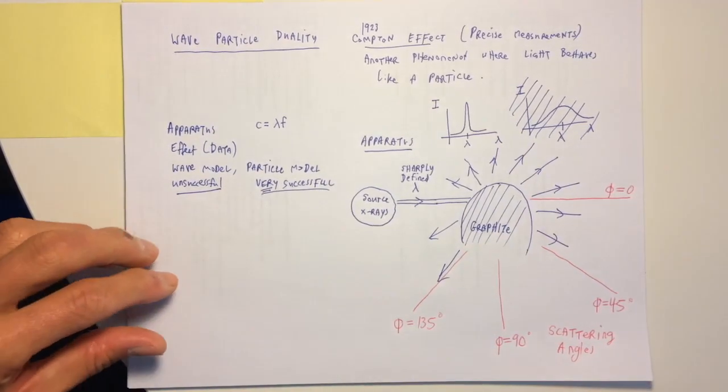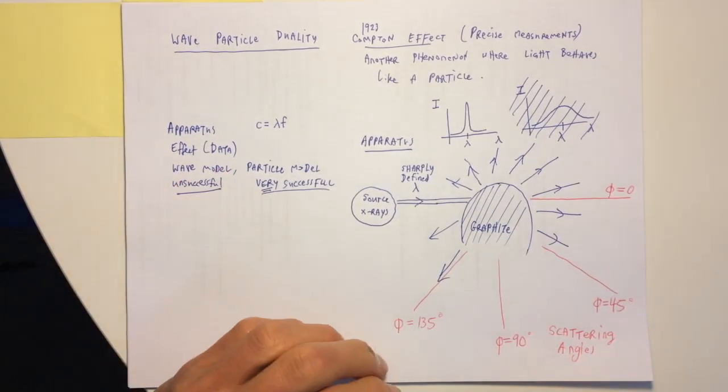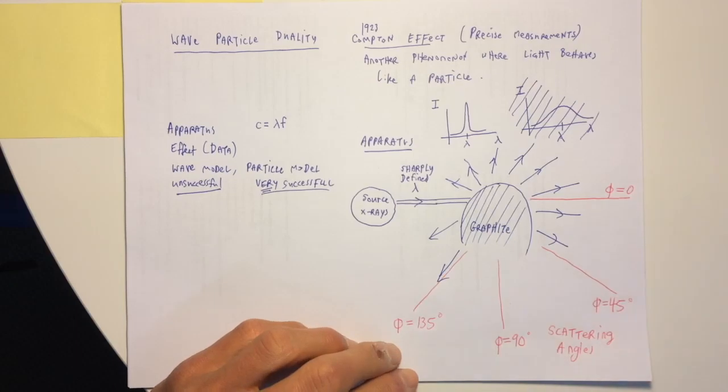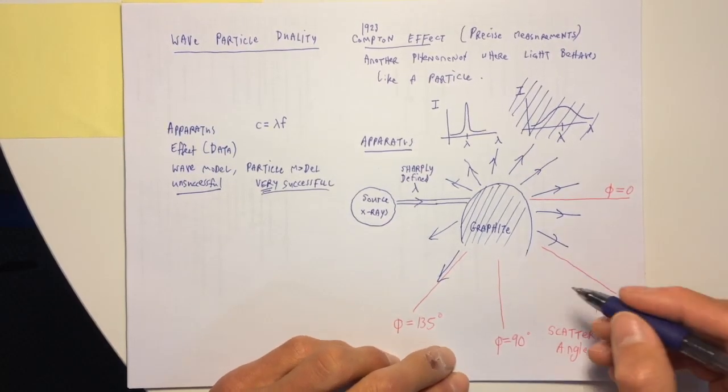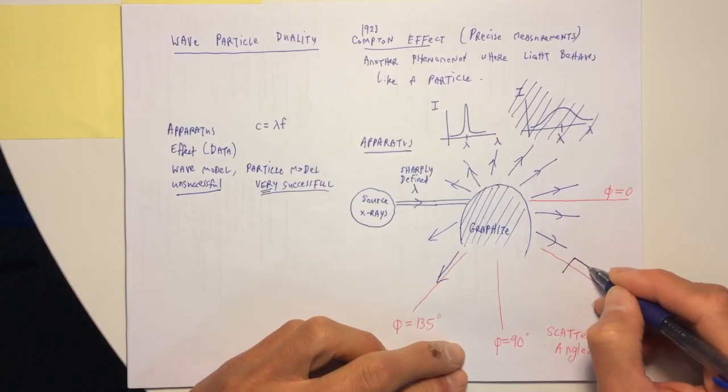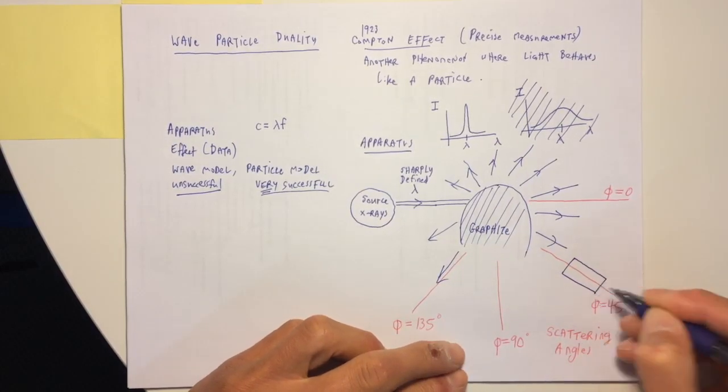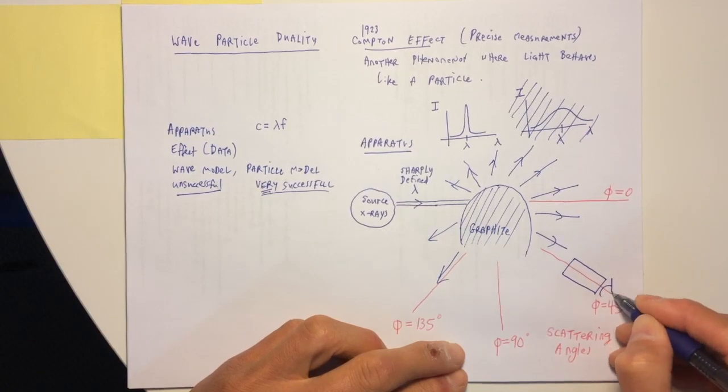And so what Arthur Compton did was he took another filter or another piece of apparatus, and he could look. So I'm going to draw Arthur Compton's eyeball.